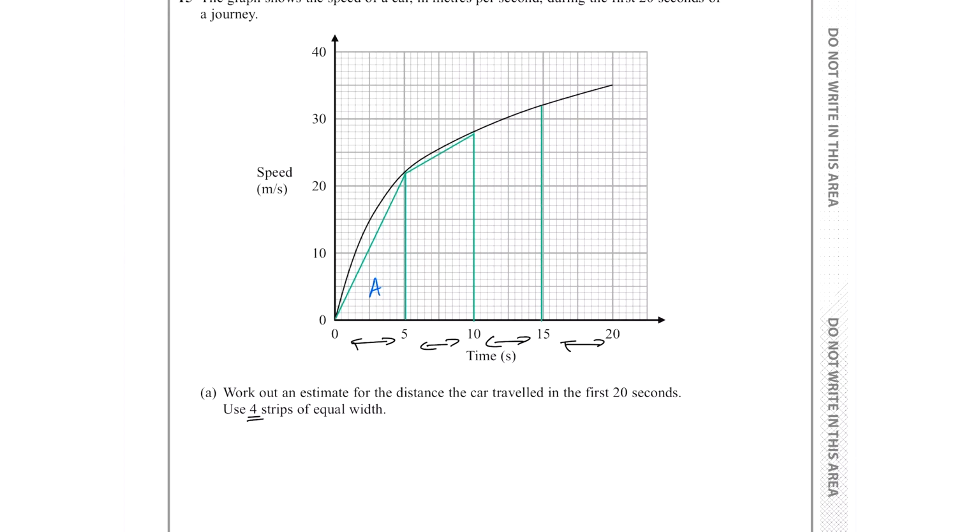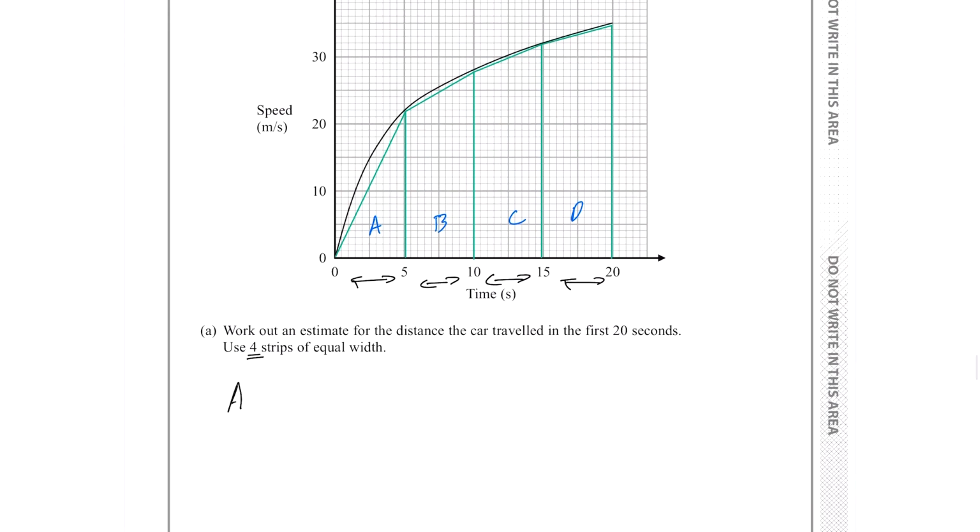The next one is also going to be a trapezium. It's a little bit hard for me to draw them perfectly straight on here, but in the exam you want to use a pencil and a ruler to do this. And that is B, that is C, and that is D.